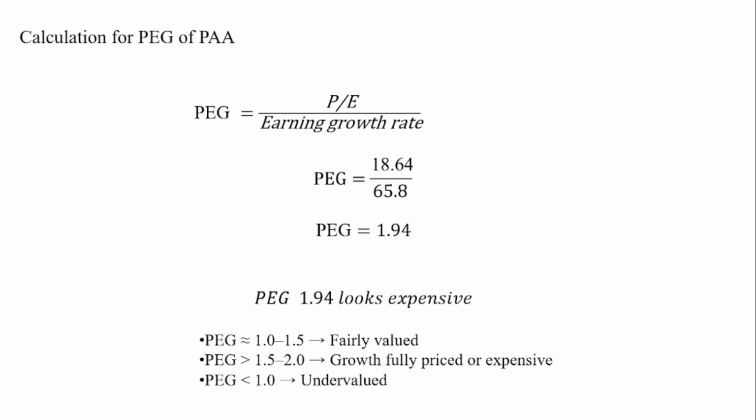We already calculated the PE ratio was 18.64, and 65.8 is the earnings growth rate. So the PEG ratio comes to 1.94. PEG from 1 to 1.5 is fairly valued, and 1.5 to 2.0 is either growth, fully priced, or expensive. And PEG less than 1.0 is undervalued.